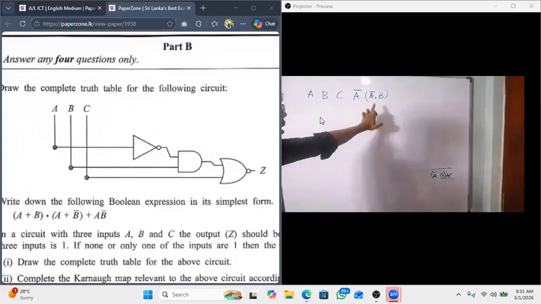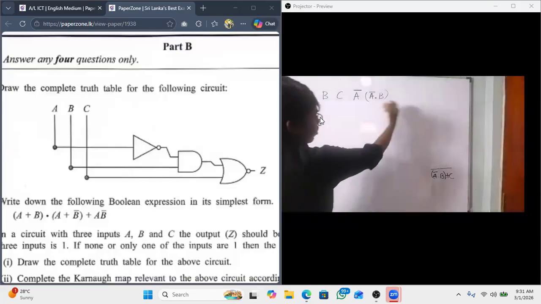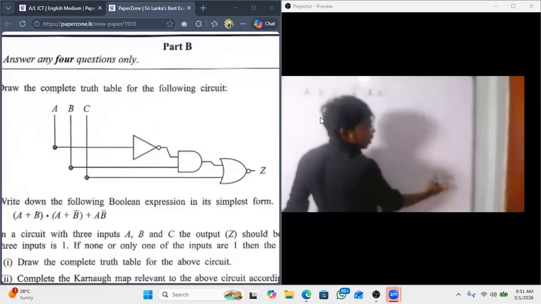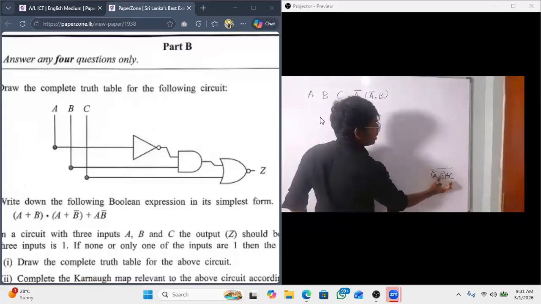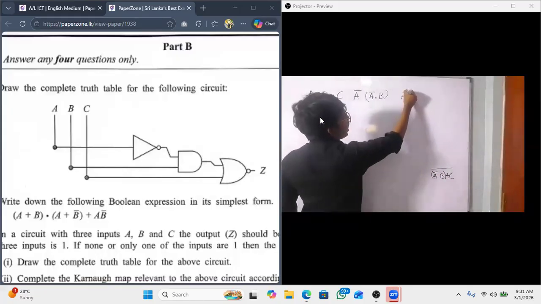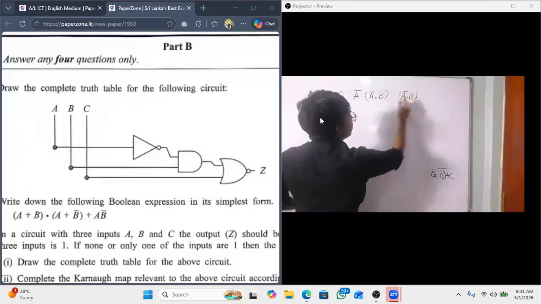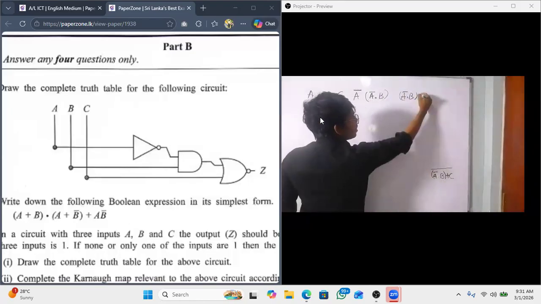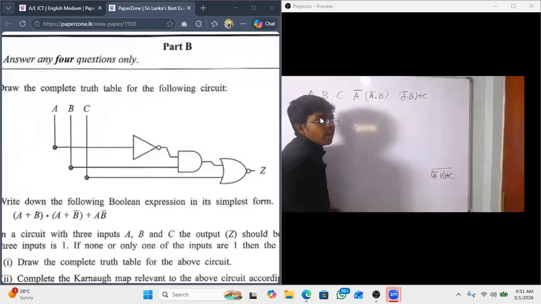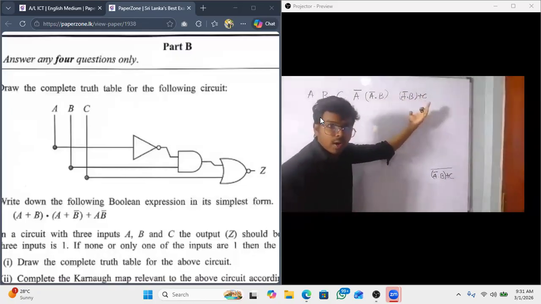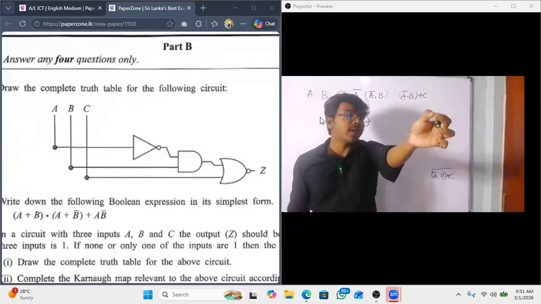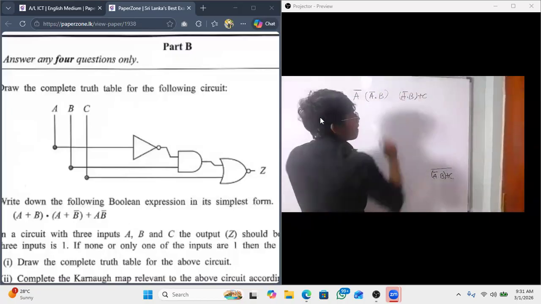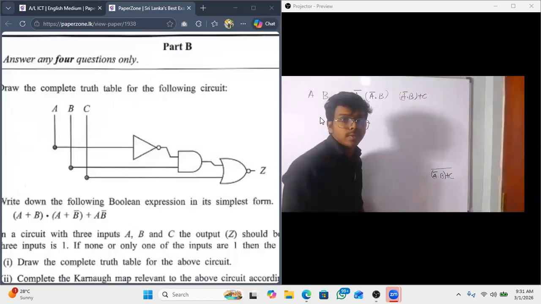That's it. Then my next column is, I have now this, so I can add a C and build this part. I have the A bar dot B column here. I can add C. Only one operation at a time when you are adding a column. Don't directly get the bar. You will be confused, right?